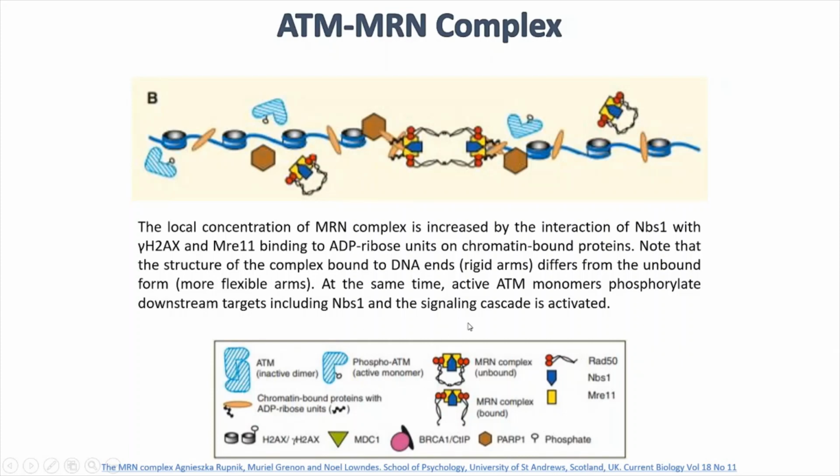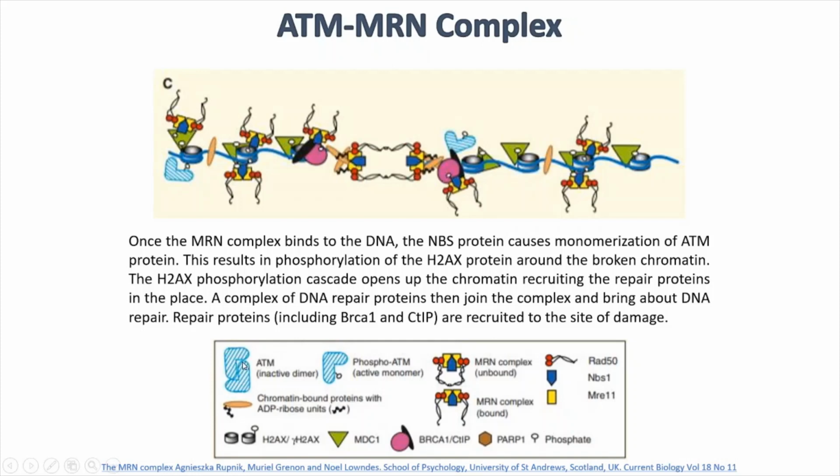Further, the signaling cascade is activated by these ATM monomers. This monomerization of the ATM protein further leads to phosphorylation of the H2AX proteins, which are around the broken chromatin, and this H2AX phosphorylation leads to the recruiting of repair proteins, which are BRCA1 or CtIP, to the site of damage.